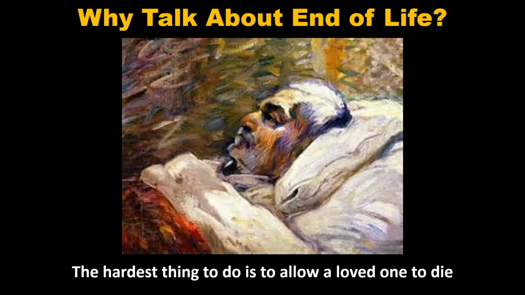The other reason you want to talk about end-of-life care is because the hardest thing to do is let a loved one die. Now, there's an apocryphal story from Pennsylvania where one day a lovely woman took her lovely cat to a lovely veterinarian. And shortly thereafter, her husband, this lovely doctor, got a call.